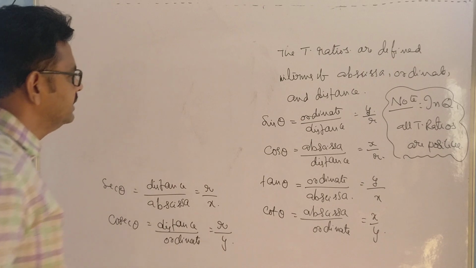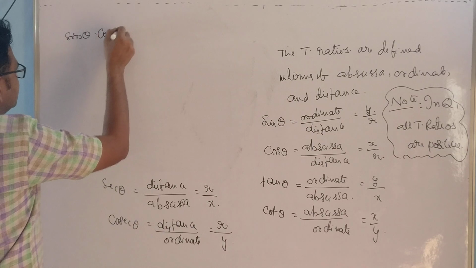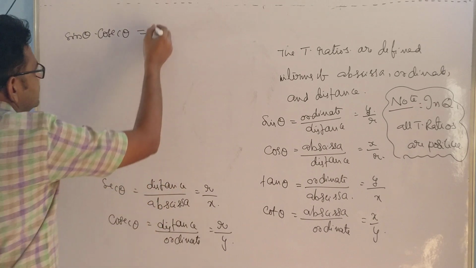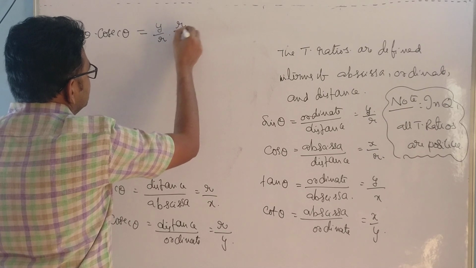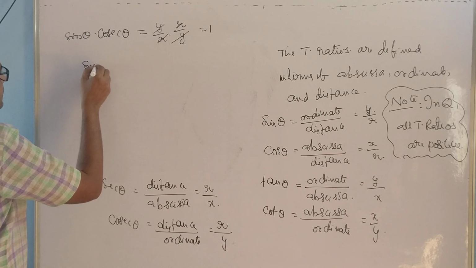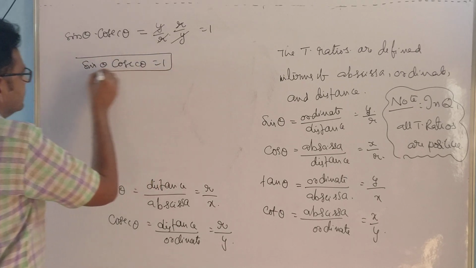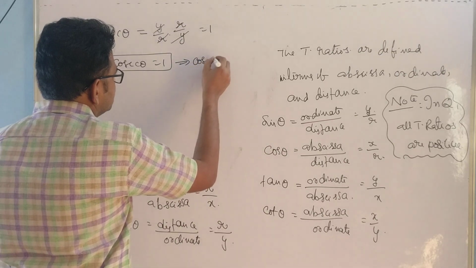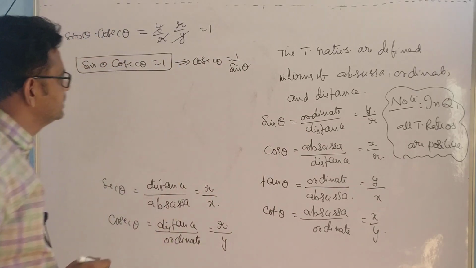Now the relation between these. Sin theta into cosecant theta: sin theta is y by r, into cosecant theta, r by y. Both get cancelled, that equals 1. So sin theta into cosecant theta is equal to 1. This is one relation. That implies cosecant theta is equal to 1 by sin theta, or sin theta is equal to 1 by cosecant theta.